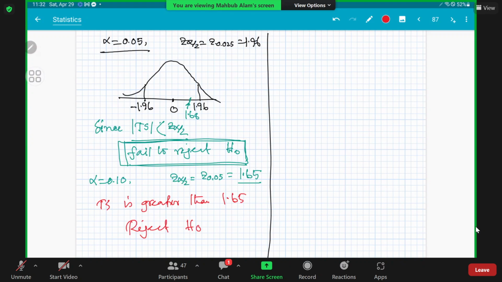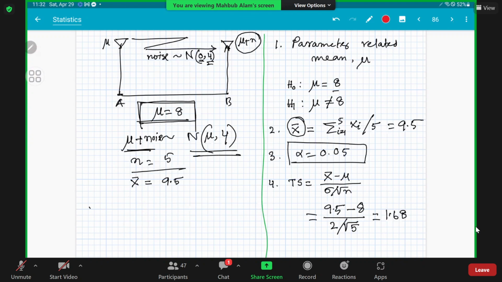The main thing related to the test is that here the variance is known. Can anyone tell me, if the variance is not known, what problem will we face? Then we have to deal with the sample variance, and it will have a t distribution.